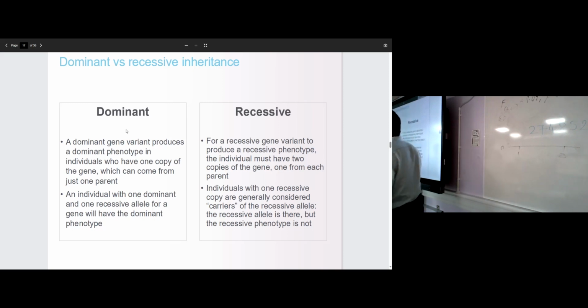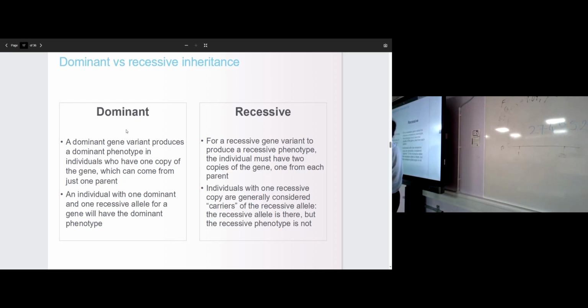So what that means, for instance, red hair color, right? I'm a carrier of red hair, but because I also carry black hair, and black hair is dominant, I only need one copy. Of the two chromosomal copies I have, one is from my mom, one from my dad. We all have two pairs of chromosomes, right? So we have two pairs of genes.